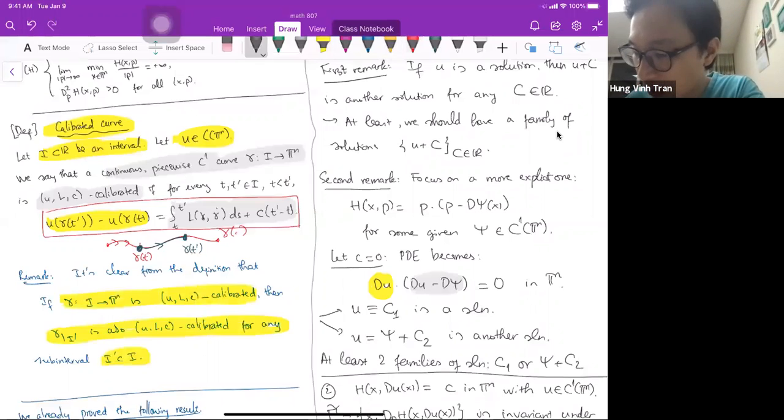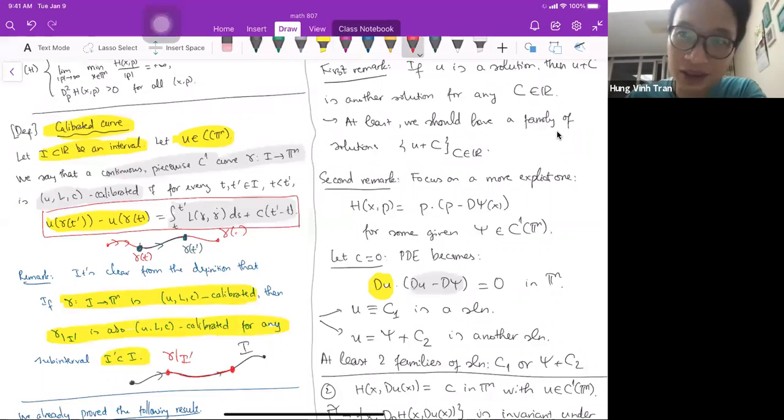So let me draw again the second example. You have this curve, whatever. So gamma is calibrated on this big interval. Say here's the I. So if you take a smaller subinterval, I mean this smaller piece of gamma, so this is gamma restricted to I prime. Okay. So you have the smaller piece, which is a red piece. It's part of the I, right?